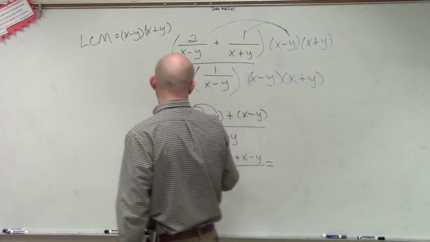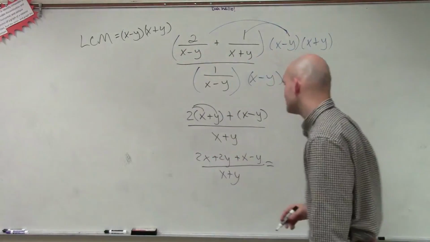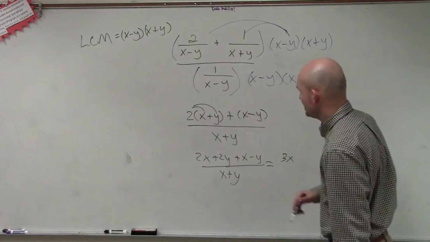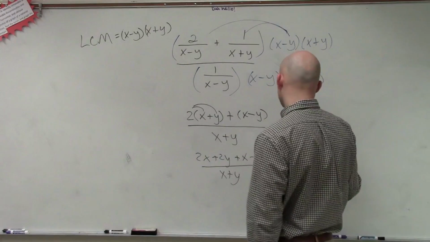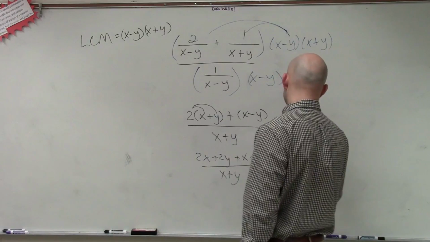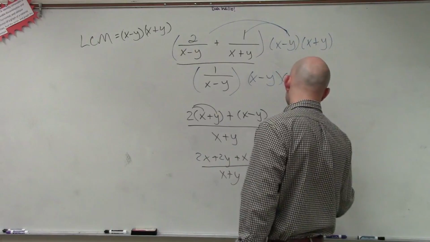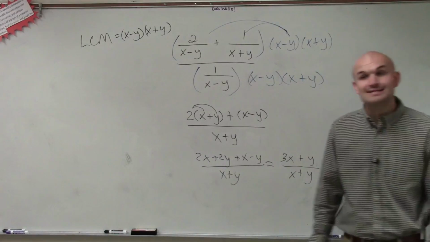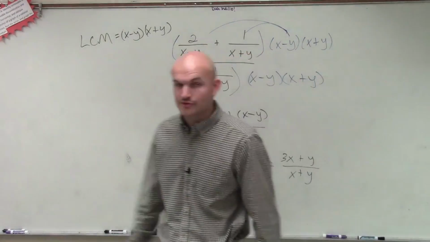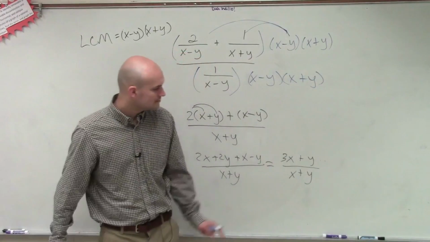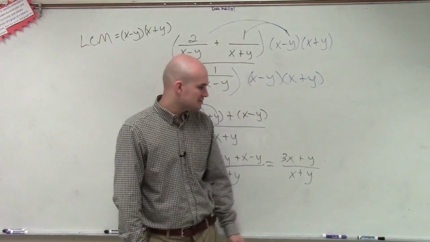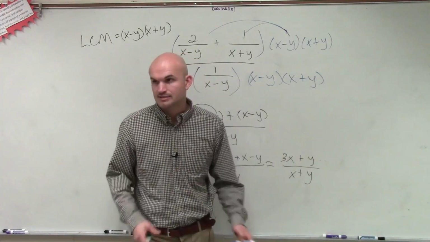Then we'll say 2x plus x is 3x, 2y minus y is y, all over x plus y. And no, ladies and gentlemen, those do not cancel out to leave you with a 3, because you'd have to factor out a 3 for them to be able to divide out. So that would be your final answer.